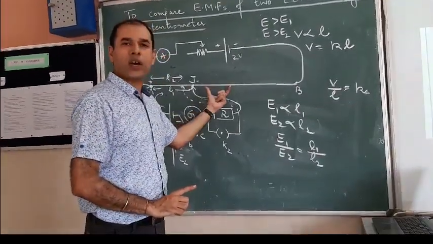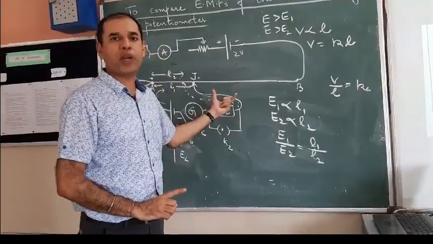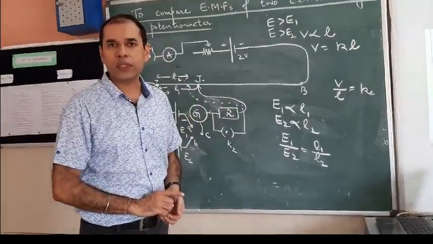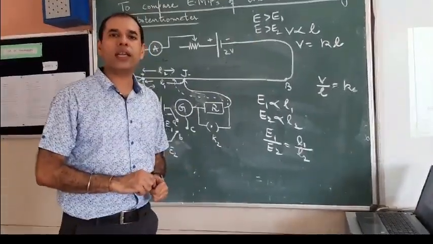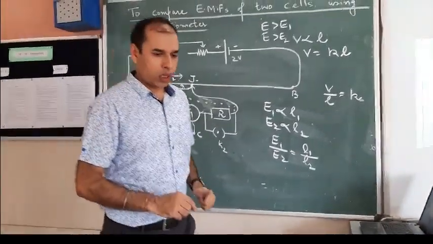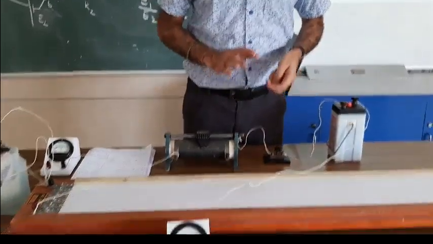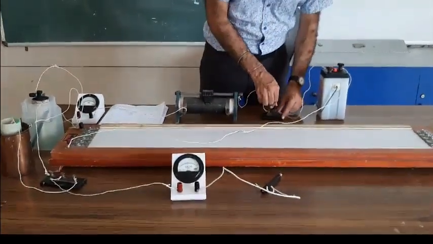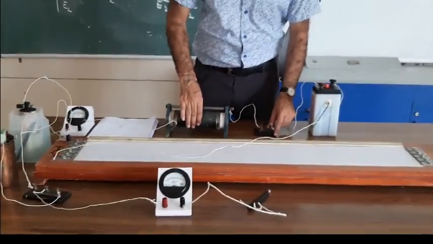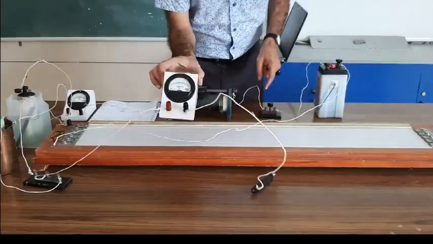Otherwise, no part of this entire length is capable of balancing this E1. So make sure E is greater than E1 and also E is greater than E2. Now the connections have been made. Let us check whether it is working or not. For that, we have started this auxiliary circuit. This is our galvanometer.